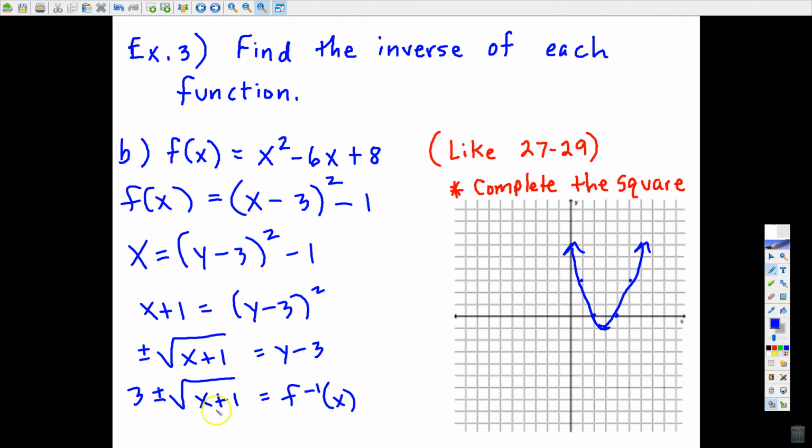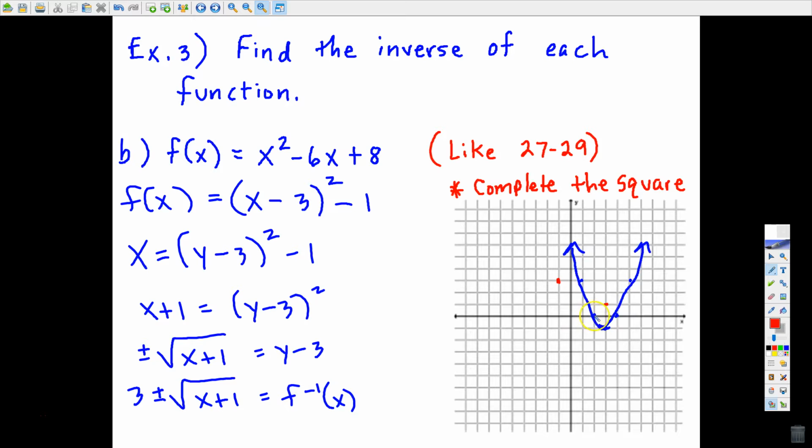And once again, we need to come up with the graph of this, but I would just take these 5 ordered pairs, switch the xy coordinates within each, and plot those. So if you haven't done that already, go ahead. Starting with the vertex, that's 3, -1, so the inverse will have -1, 3. This is 1, 3, so I'm going to plot 3, 1 for the inverse.